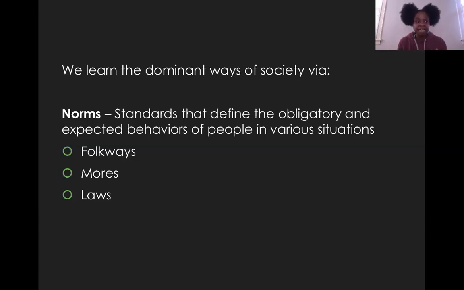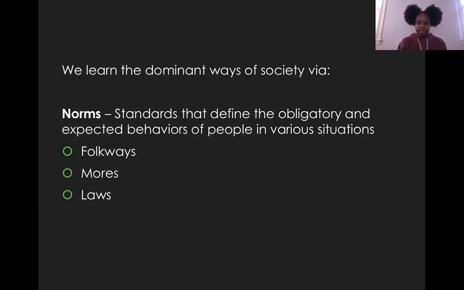The way someone might "reprimand" me, and I'm putting quotes around it because usually when it comes to folkways, we kind of just brush them off or give people stares. So the most that I would get if I was digging at my nose in front of a class would be the students being like, really? Like not even saying anything, but like, okay.